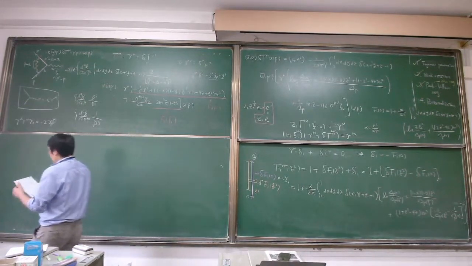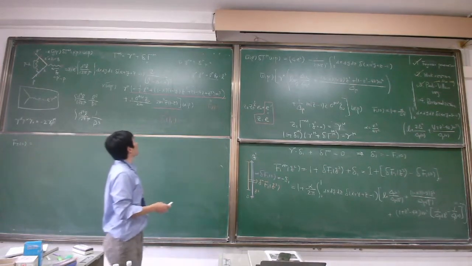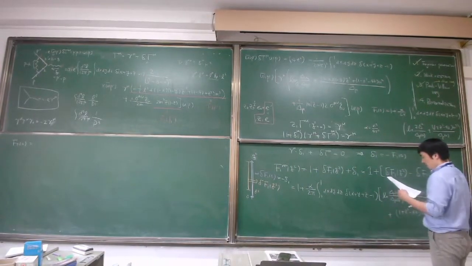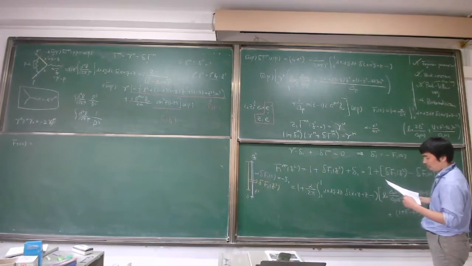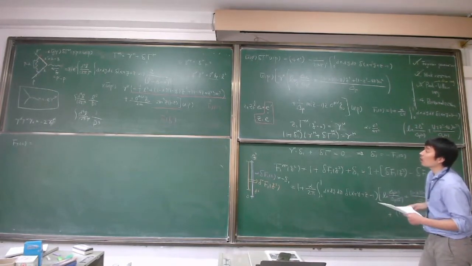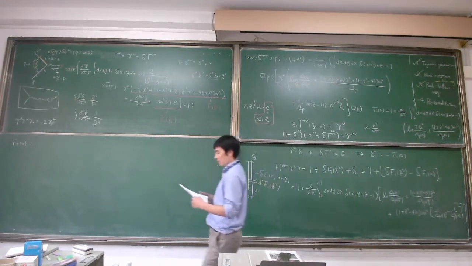Okay, so F2 is just the integral. I already erased the outer one.